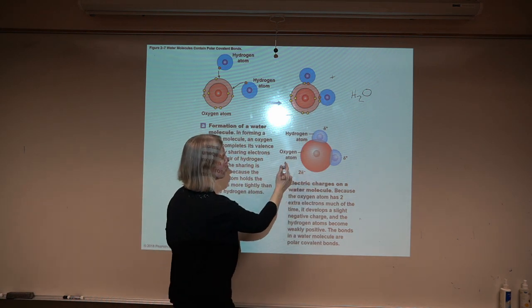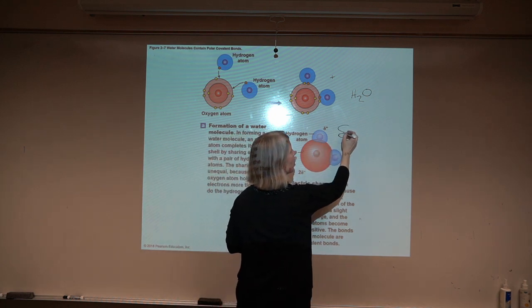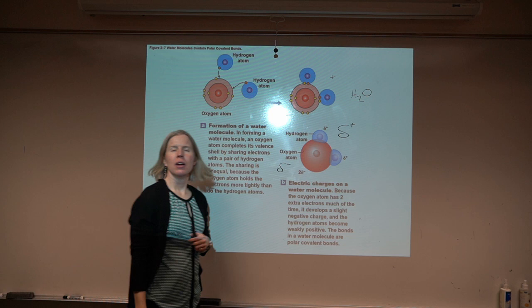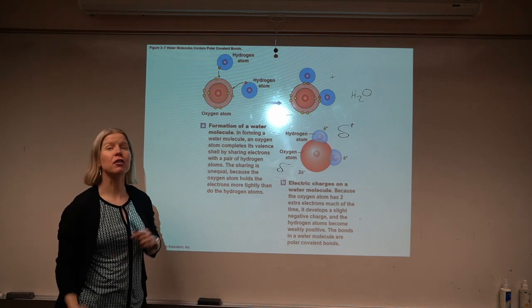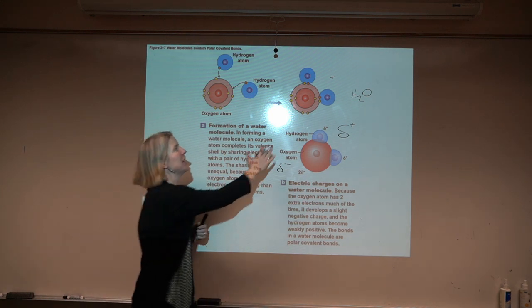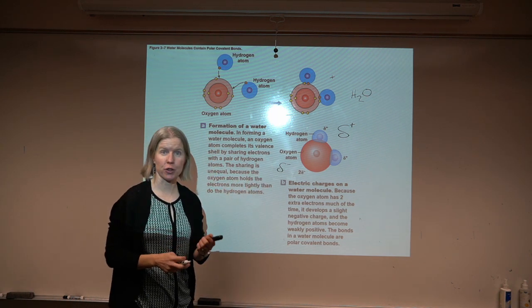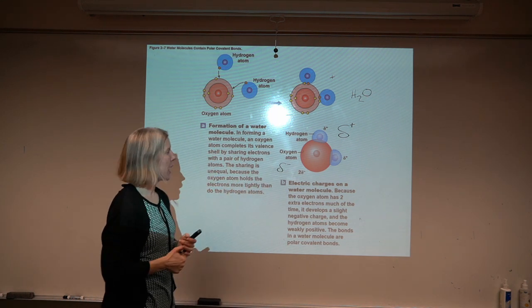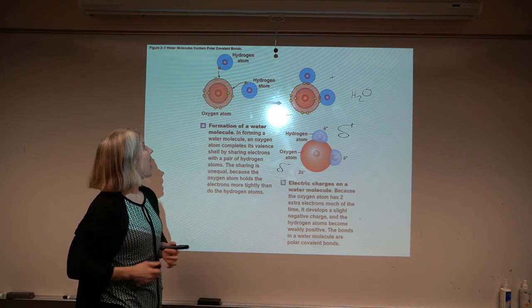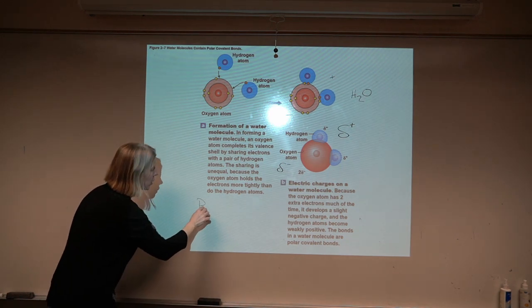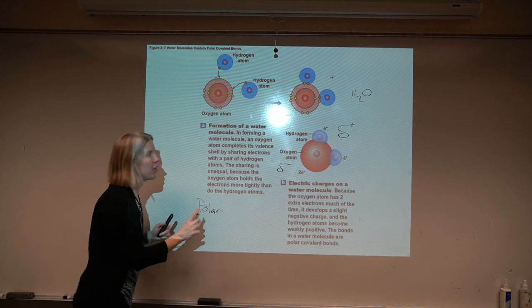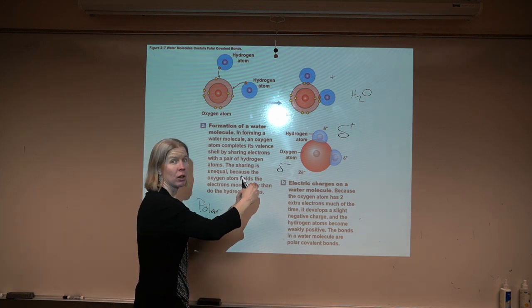And here's your actual notation. It's this weird little symbol showing partial negative, partial positive. For me, as long as you know that this end is more negative and that end is more positive, I'm not super concerned with the technical chemistry notation. But the fact that this is a polar molecule, and they call it polar because now we have poles.